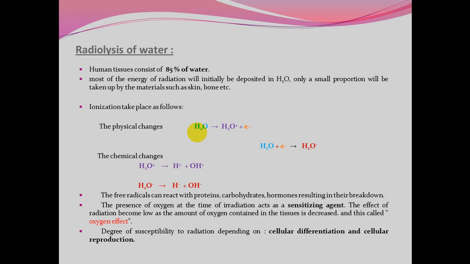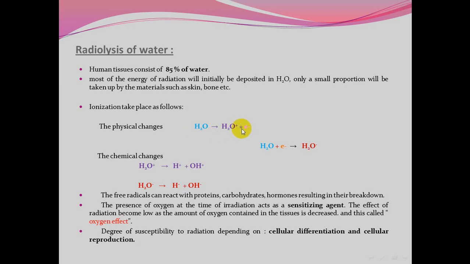Now we will explain the ionization process that affects the H2O molecule. Firstly, there will be physical changes. Here we see the H2O. Because of the radiation, it will lose an electron and become a positive ion, because it lost an electron.